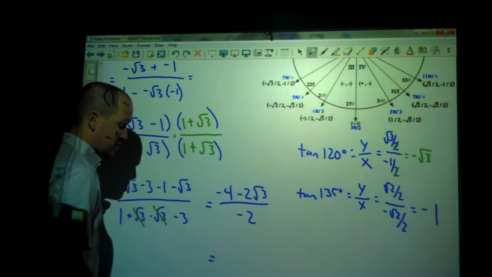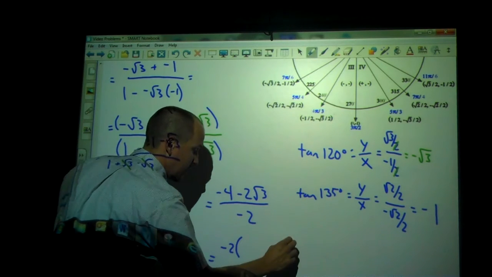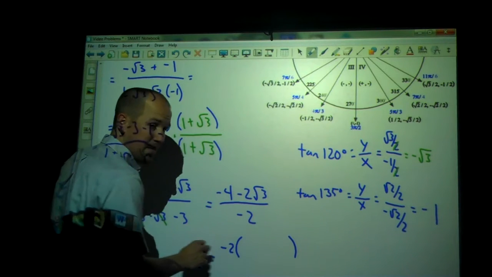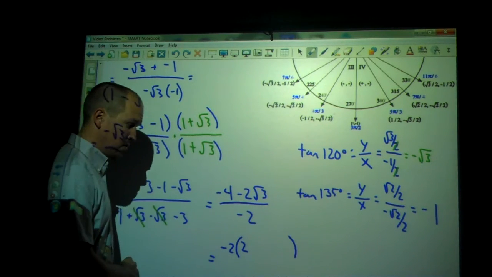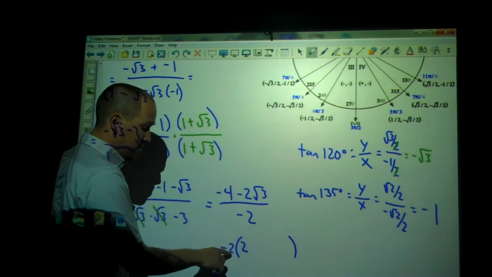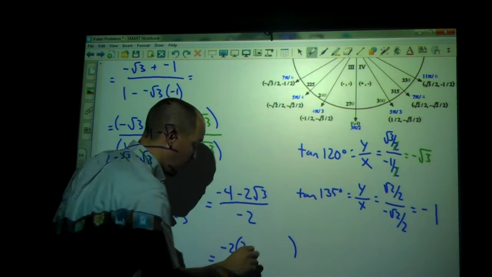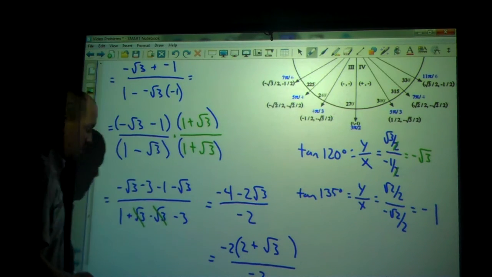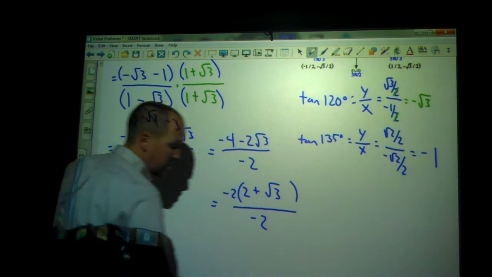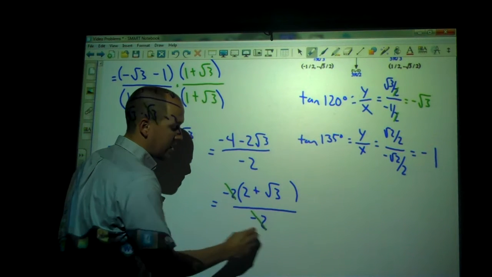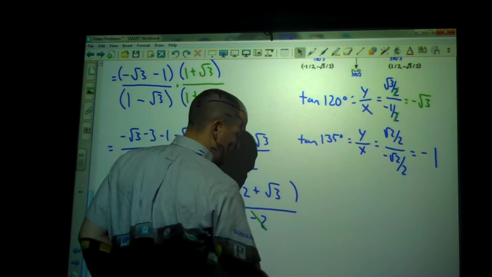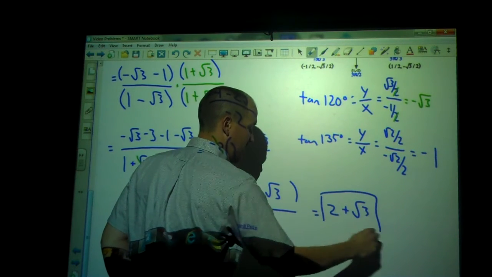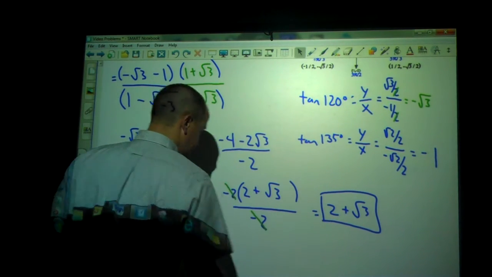So if I pull a negative 2 out of that, negative 4 divided by negative 2 is going to leave a positive 2. And then a negative 2 divided by a negative 2 is going to leave a positive 1 root 3. And I like that because it makes it really clear why we can cancel out those negative 2's. So that actually simplifies really nicely.